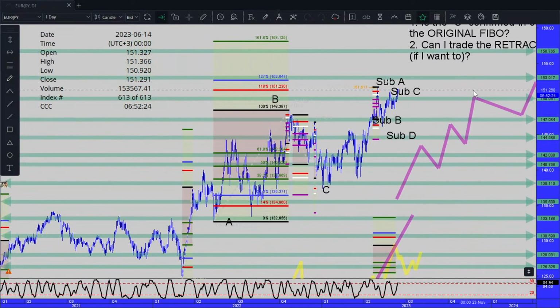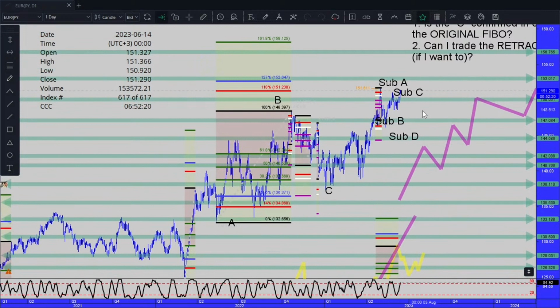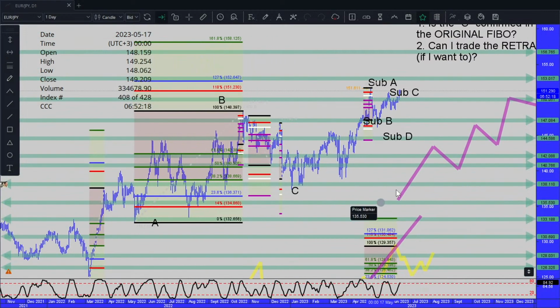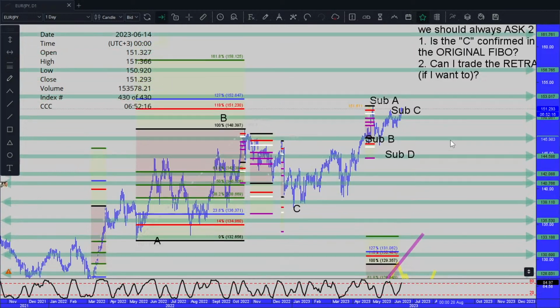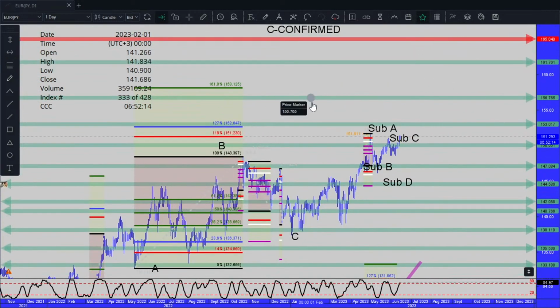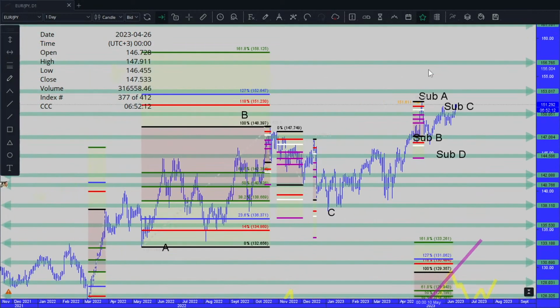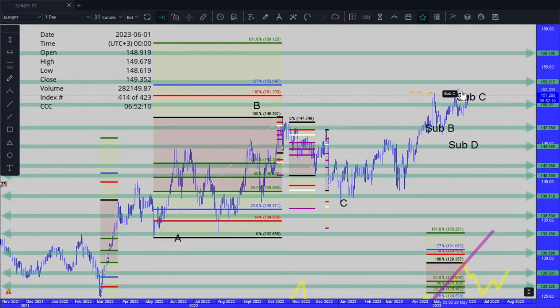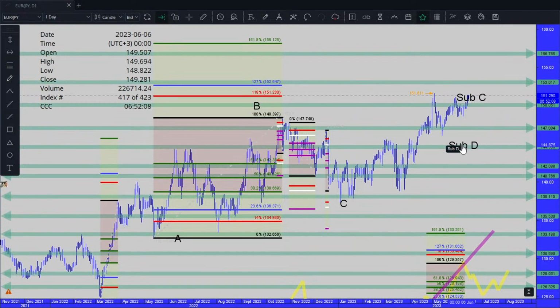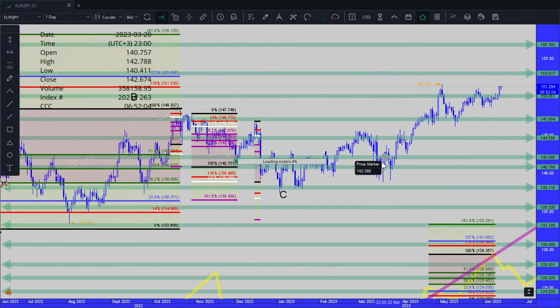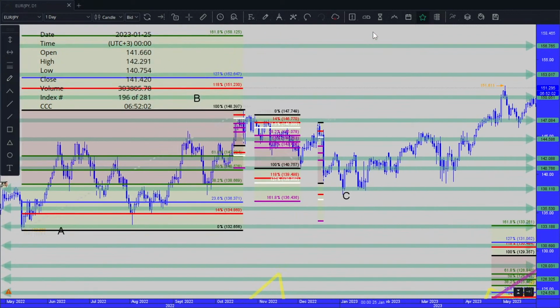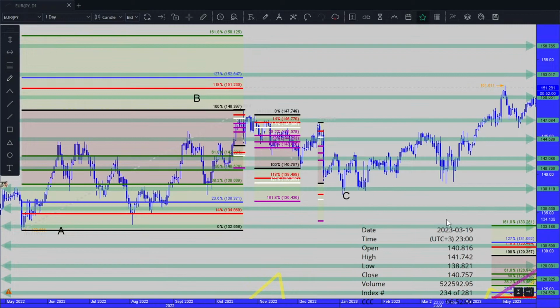Alright, let's get rid of this, and this, and this, and this. Down here too.